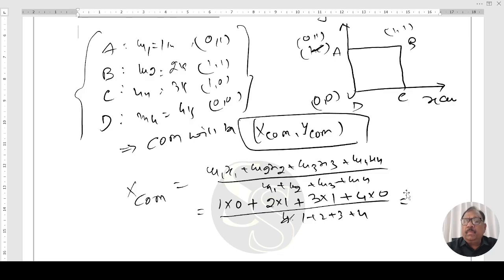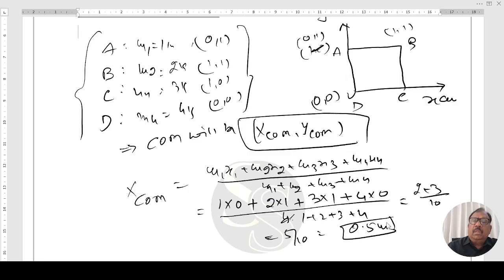This comes out to be 2 plus 3 divided by 10. That is 5 by 10, that is 0.5 meter. This is X_CM.